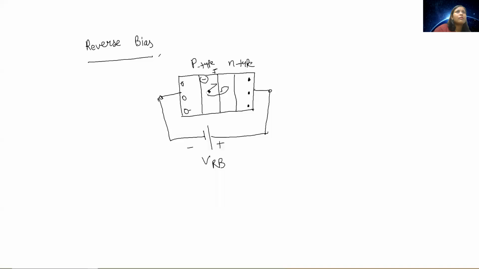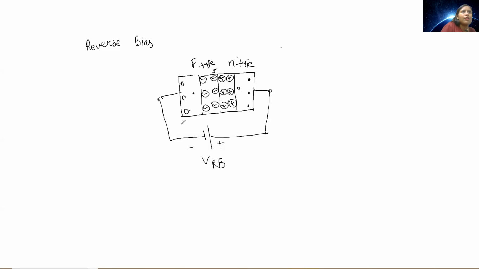Here we have negative ions. As I mentioned, there are few electrons in p-type and few holes in n-type.